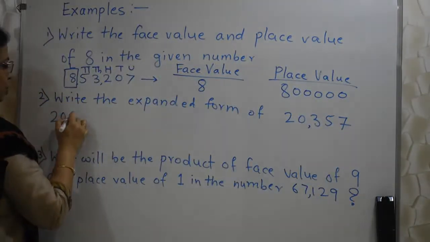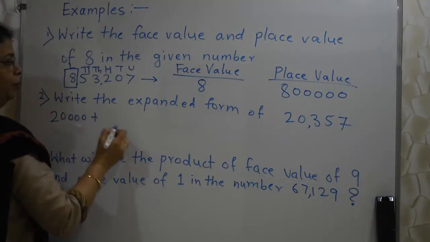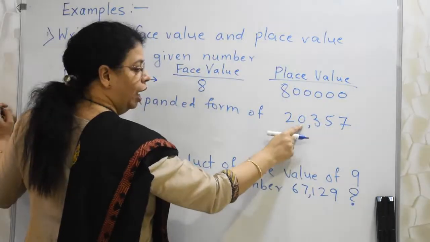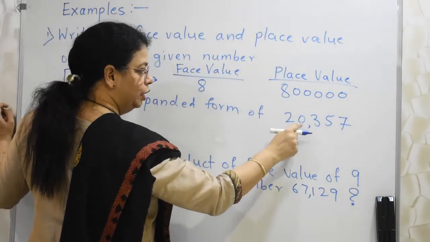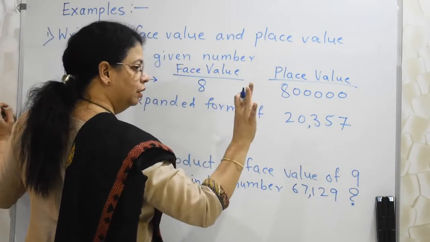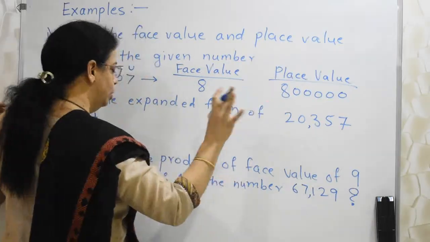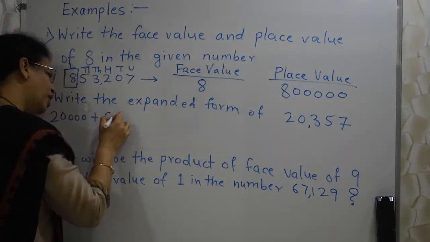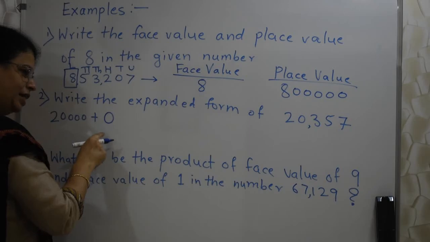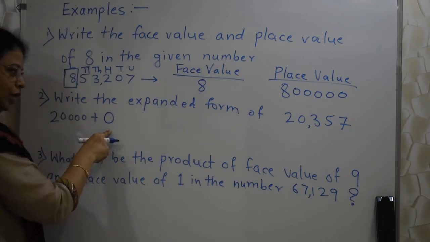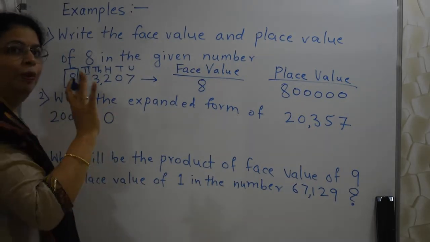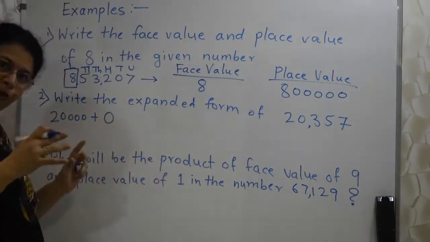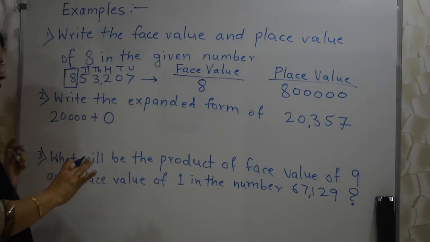So 2 and 4 zeros. Plus 0. I have given you that rule. 0 is the only digit which has place value and face value, both 0. So I need not write 0 here. In case it is given as one of the options, then you can continue with writing. But in case this 0 is skipped by the examiner, never mind.